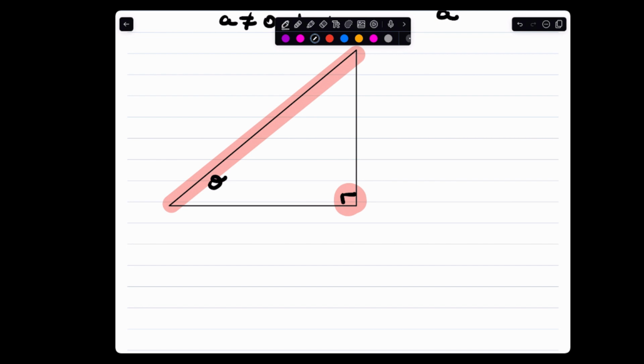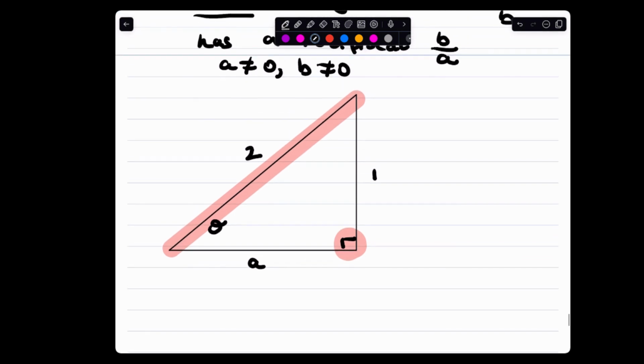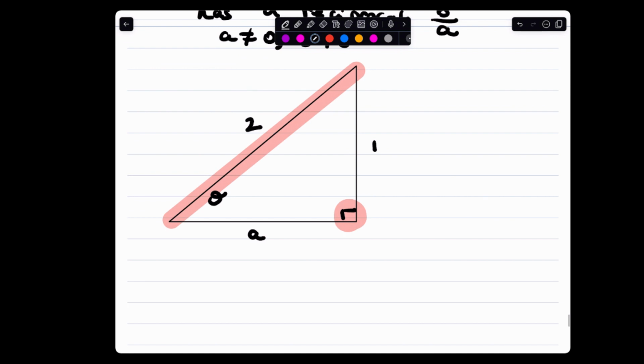Let's say this side is 2, 2 here, 1 here, and let's call the other side A or B. Let's think about what the length of this side A would be, even though this is not a ratio yet.